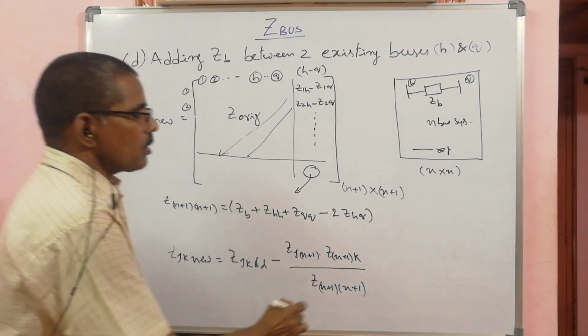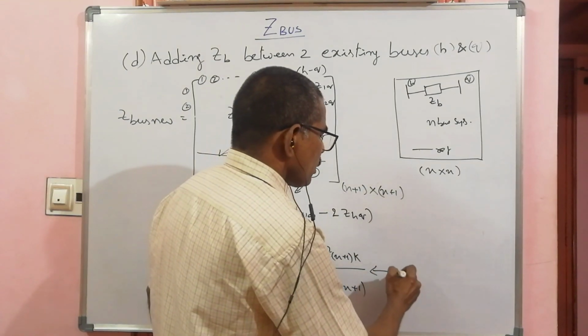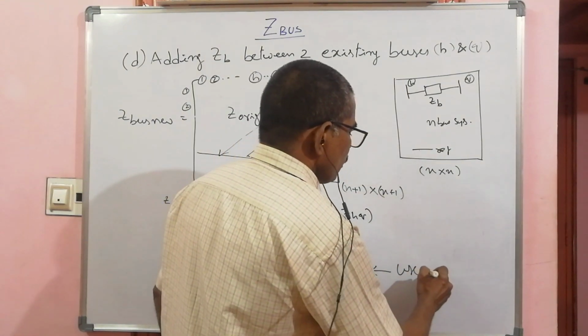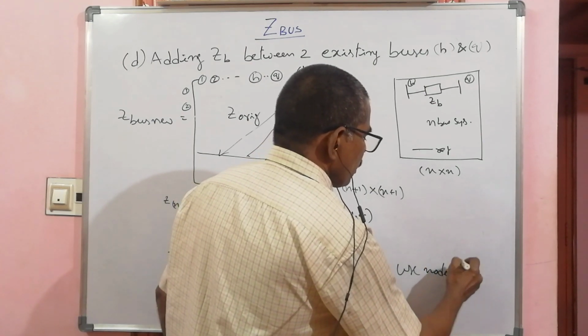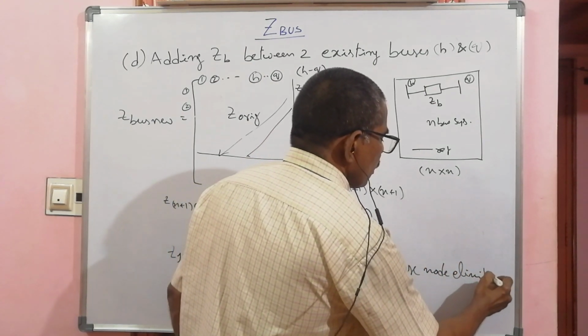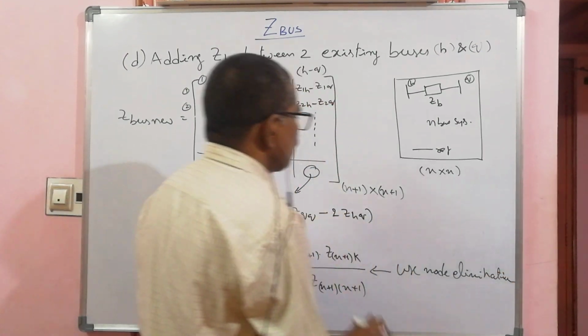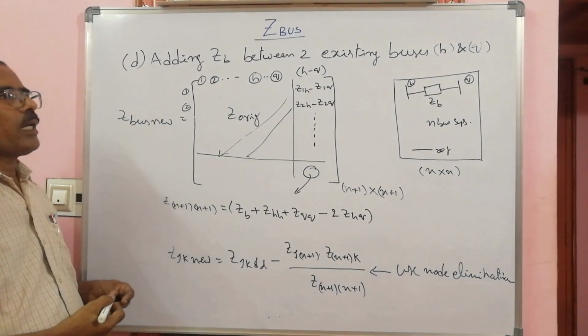So make use of it, reduce, use node elimination. Reduce it back to n by n.